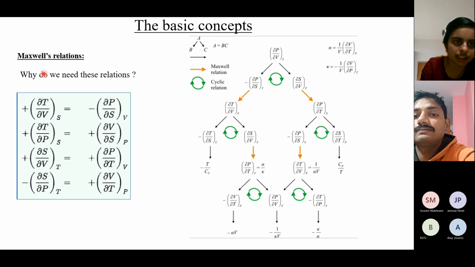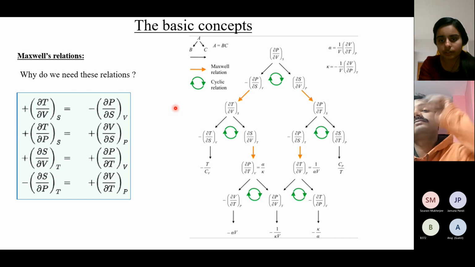So the question that comes to us is why do we need these relations? Are these just for solving some mathematical questions? Is that the only thing? So that's not true. The major use of these Maxwell's relations is that there are certain quantities which are measurable in labs, like you can measure temperature, you can measure volume, you can measure the compressibility, but you cannot measure entropy.